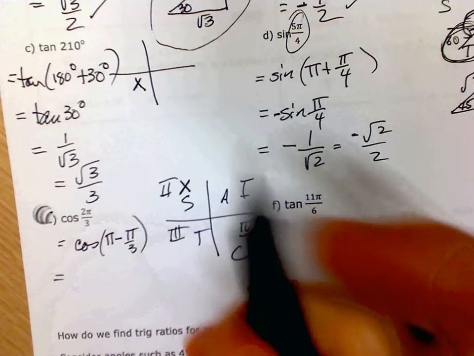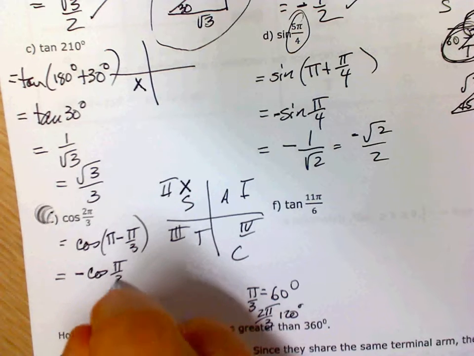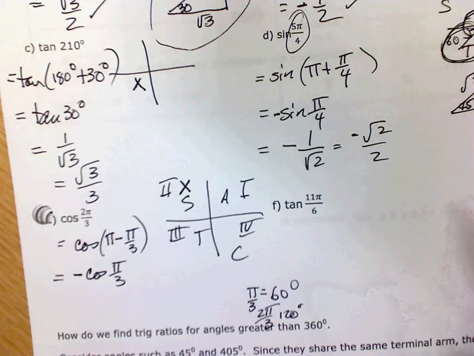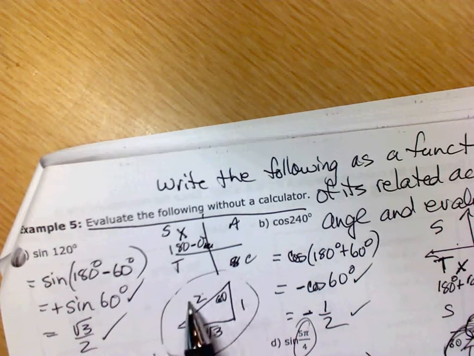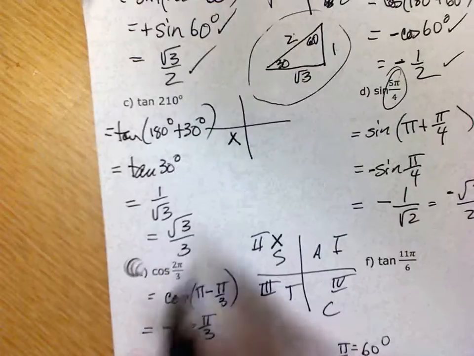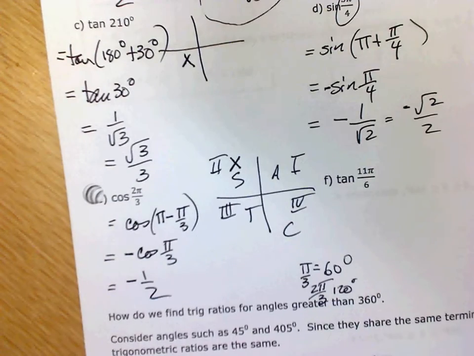And what's cosine of 60 degrees? 60 is adjacent over hypotenuse, so it's going to be... I'm not sure what part you need.